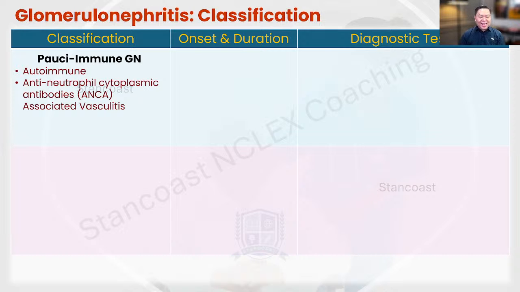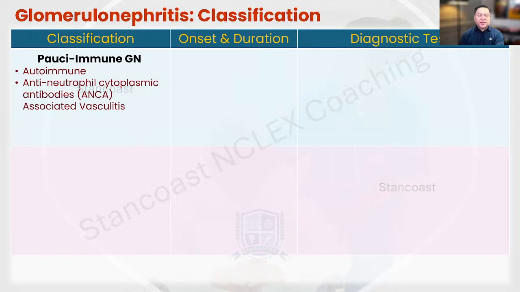All right, and the attack is linked to a group of conditions called the ANCA associated vasculitis, and the immune system makes something called anti-neutrophil cytoplasmic antibodies, and this will end up causing trouble, and it will damage the blood vessels, including inside the kidneys. So actually, this is an autoimmune disorder that does not only affect the kidney blood vessels, the glomerulus, but also the other organs in the body.